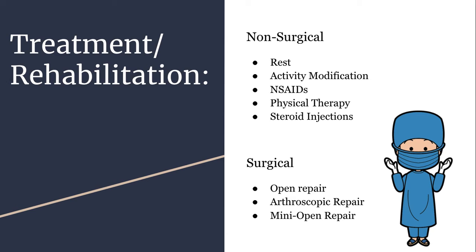They will sometimes have steroid injections and also go to a physical therapist, complete different muscle strengthening exercises. There's 3 different surgical options. There's open repair, arthroscopic repair, which is the most common and least invasive method, and the mini open repair.